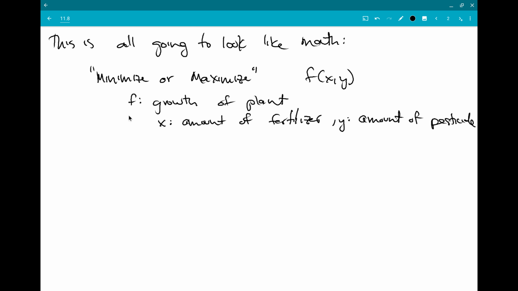That would be our interpretation of it, but the way it's shown to you in one of these problems is just minimize or maximize f of xy. And then it'll be subject to some constraint, g of xy equal to c.